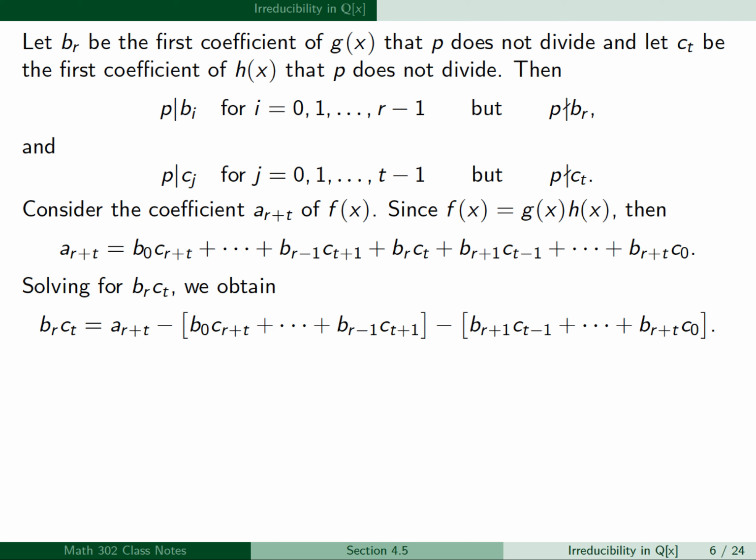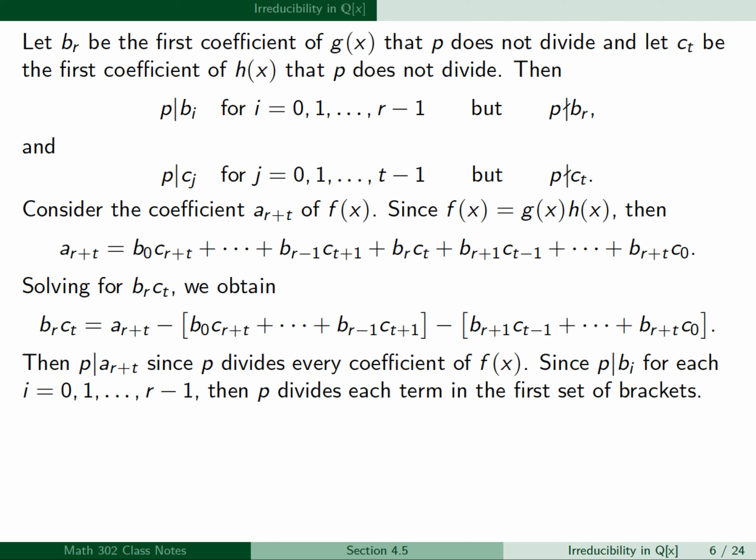And we're going to solve for b sub r c sub t, and we'll obtain that b sub r c sub t is the expression shown. Then p divides a sub r plus t, since p divides every coefficient of f(x), and that's a coefficient of f(x).